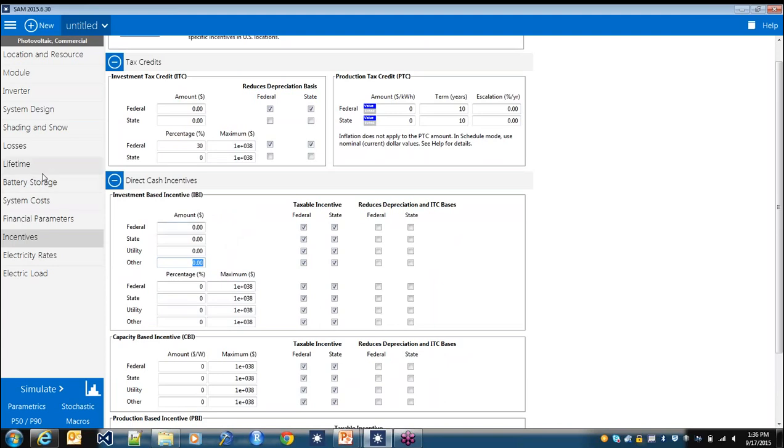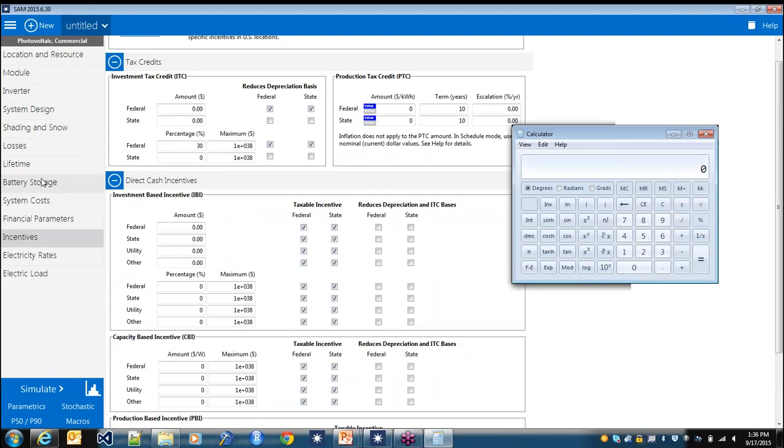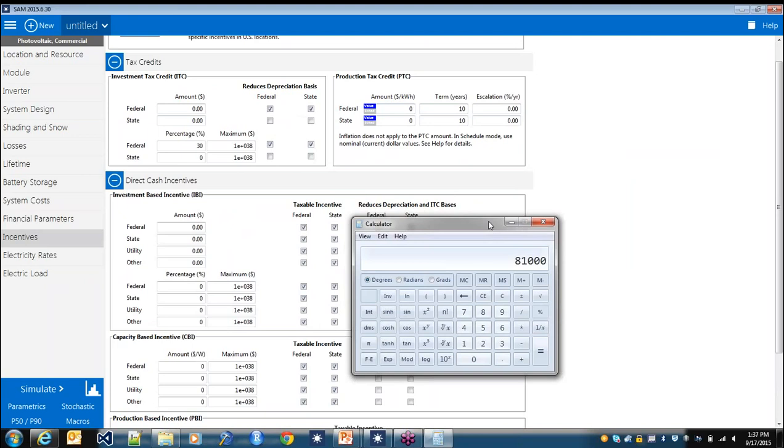So if we have a 50 kilowatt battery, you can imagine that's quite an incentive, potentially tens of thousands of dollars.